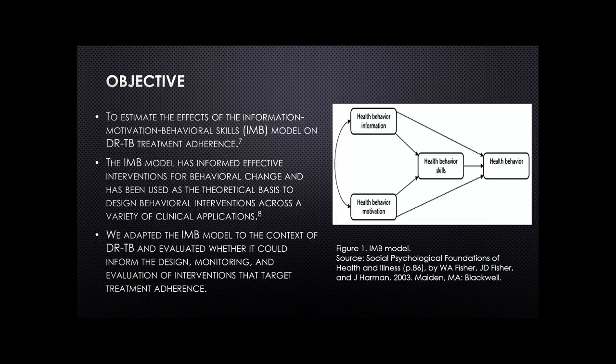And then motivation is how much they want to do the treatment, whether that's internal motivation or external motivation. And then the behavioral skills have more to do with somebody's self-efficacy. How well do they think they can actually do this behavior? And all of that leads to health behavior.